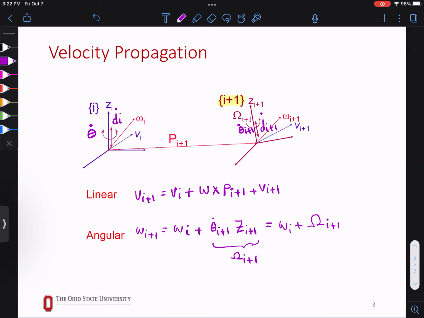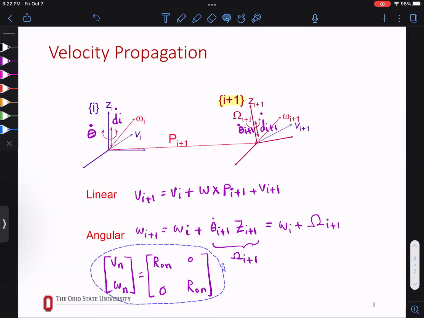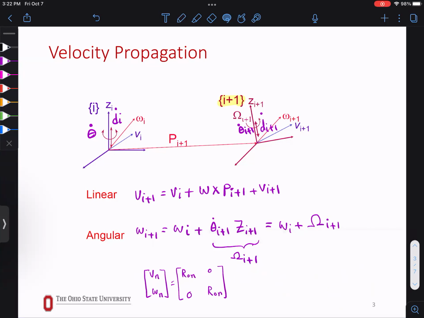So we can write V in n frame, omega in n frame would be R 0 with respect to n, here is 0, 0, R with respect to n, times V n in its own frame.